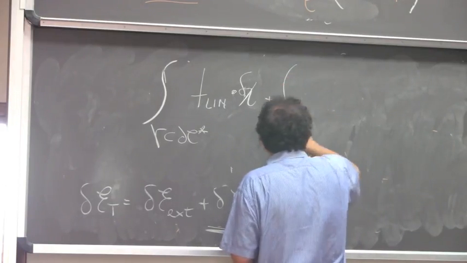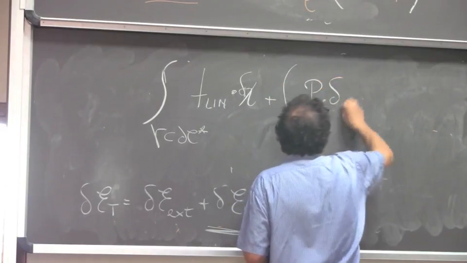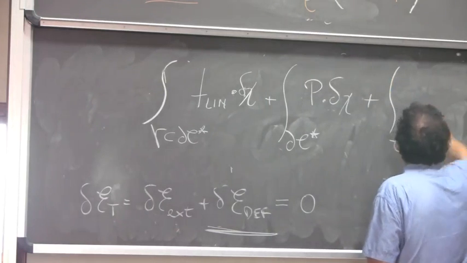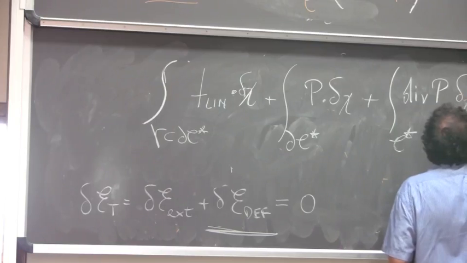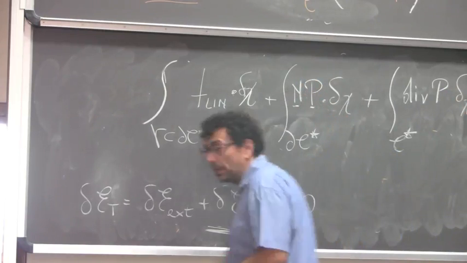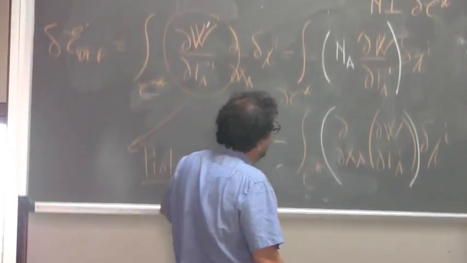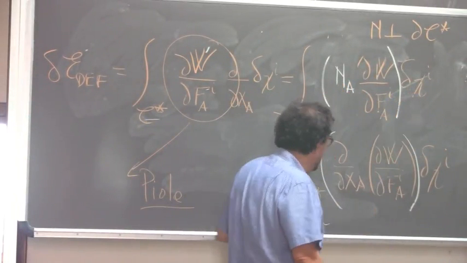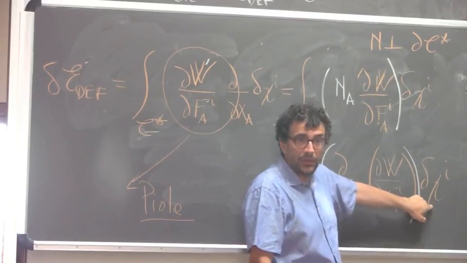It is the integral over the boundary of C of P tensor times delta chi, plus the integral on the volume of the system of the divergence of P tensor delta chi. P applied to the normal, P applied to the normal delta chi. Divergence of P delta chi. Okay?